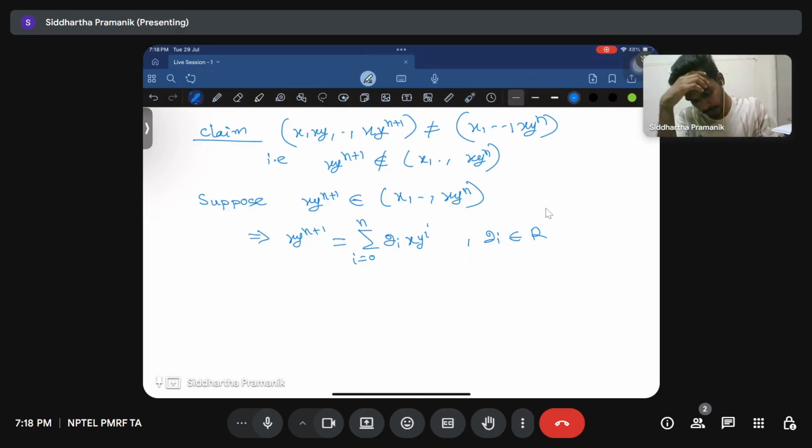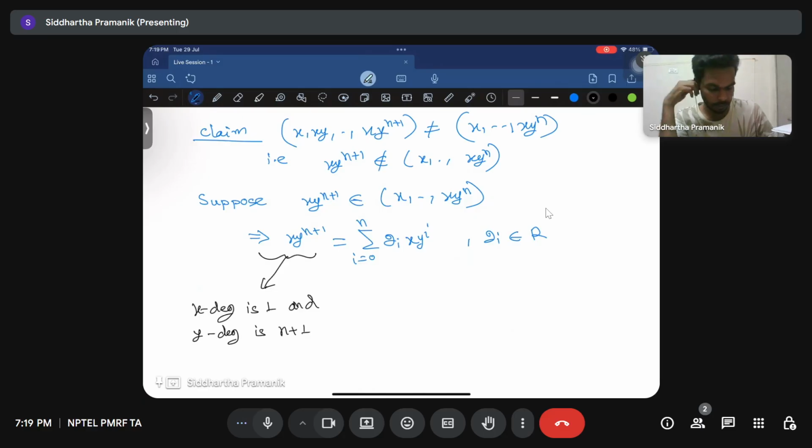Okay, so now observe that in the left hand side, the x degree is 1 and the y degree is n plus 1.